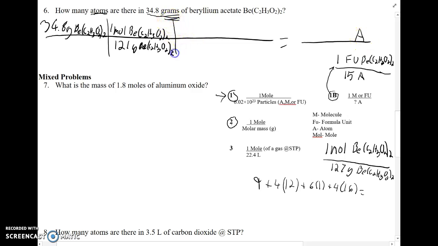So I'm going to add another conversion factor. Now I'm in moles. This one has formula units and atoms, so I can't use that. Here's moles right here. So I'm going to use the number 1 conversion factor.